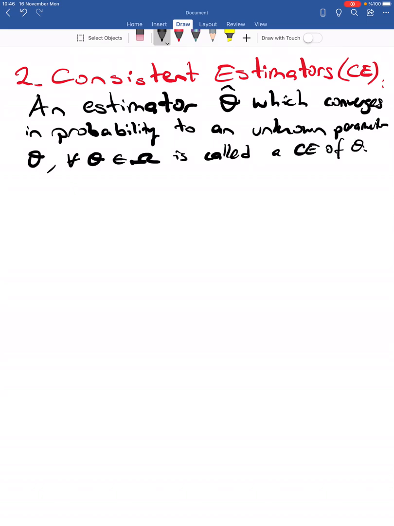So this means that theta hat is a consistent estimator if and only if it converges in probability to theta. Okay. MLEs are generally consistent estimators.